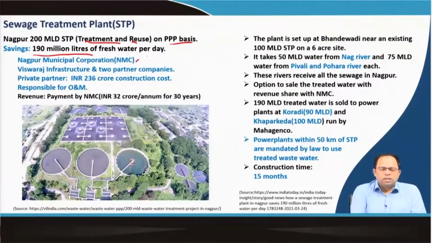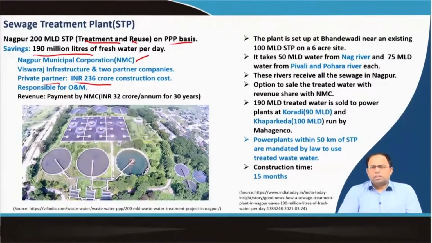This project is made by Nagpur Municipal Corporation, and the PPP model was implemented via Vishwaraj Infrastructure and two partner companies who formed a special purpose vehicle. This private partner invested around 236 crores for construction cost, and they were also responsible for operation and maintenance.